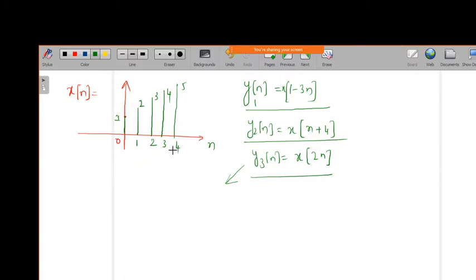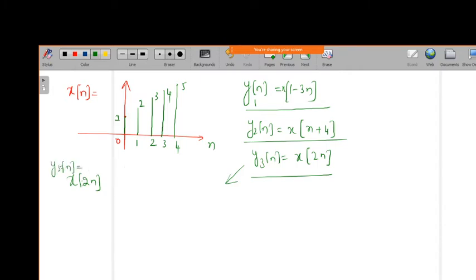If you divide by 2, at 2 and 4 it will be purely an integer, right? So only those sample values exist for y3 of n.